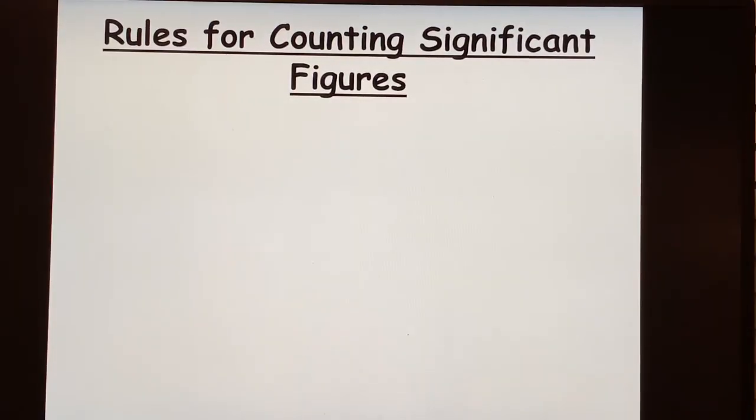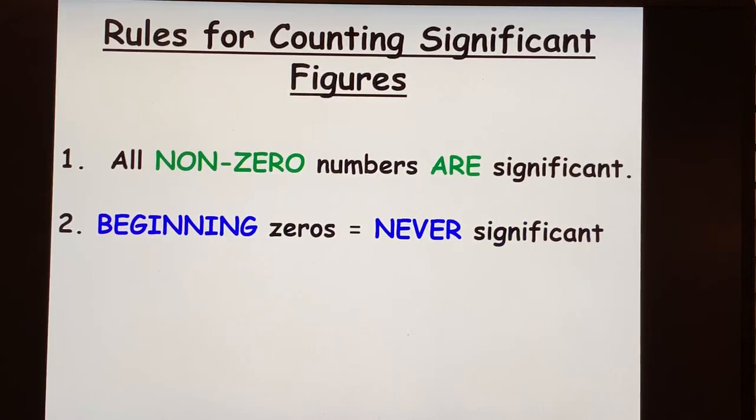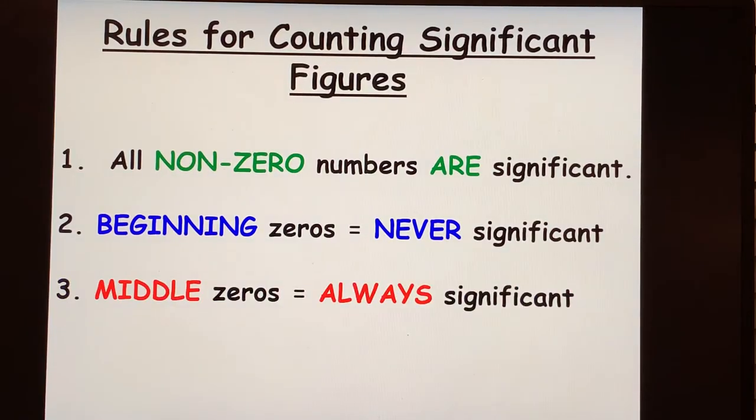So there are rules for counting significant figures. 1, all non-zero numbers are significant. We're going to go over all these. We're going to have examples. 2, beginning zeros are never significant. 3, middle zeros are always significant.